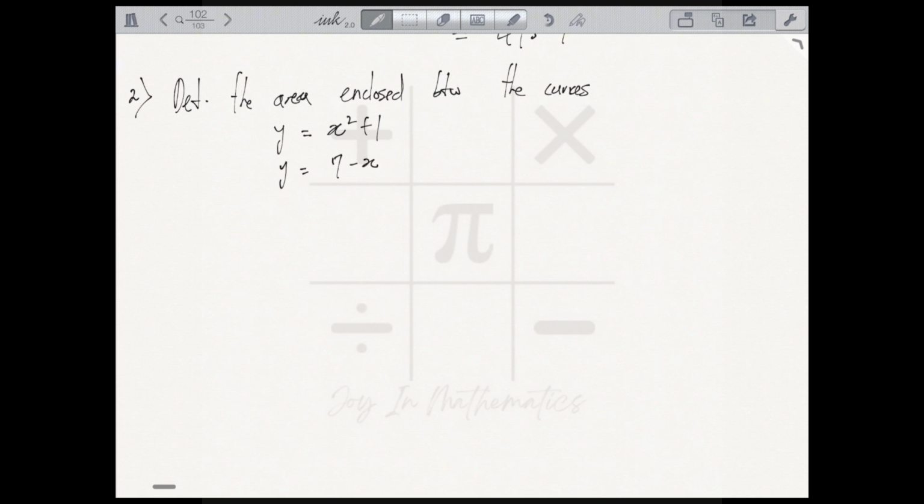Now to solve this, we are going to look at the point of intersection between the two curves. So that means we are going to equate the two y values. So we have x squared plus 1 equated to 7 minus x. This will enable us to find the point of intersection.